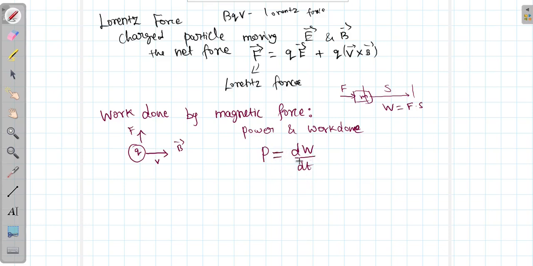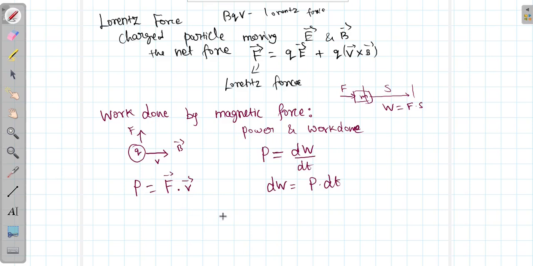Rearranging, dW equals P into dt. And in mechanics the power is expressed as F dot V.